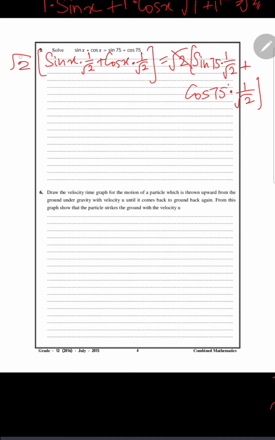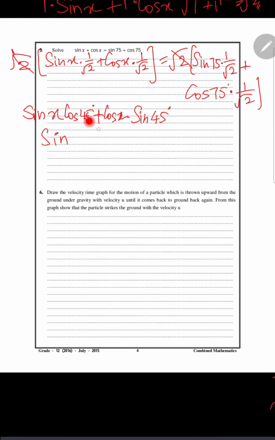Now root 2 gets cancelled. Then for 1 over root 2 I can write cos 45 here. That is sin x into cos 45 plus cos x. For 1 over root 2 I can write sin 45. Then I have that sin a plus b form.